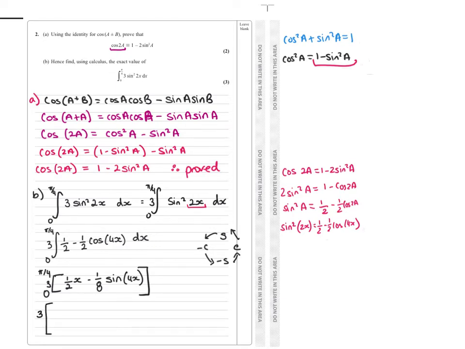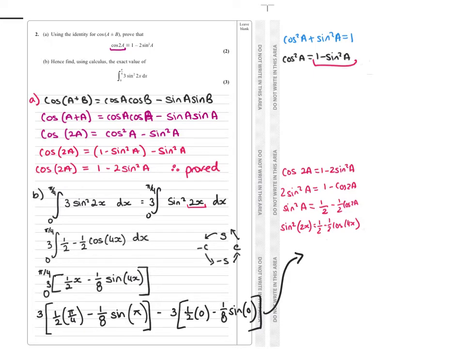I'm going to have 3 lots of a half lots of pi over 4 minus 1 over 8 sine of 4 lots of pi over 4, which we know is just pi. This is going to be minus 3 lots, and now I'm going to substitute in my 0. A half lot of 0 minus 1 over 8 lots of sine of 0.